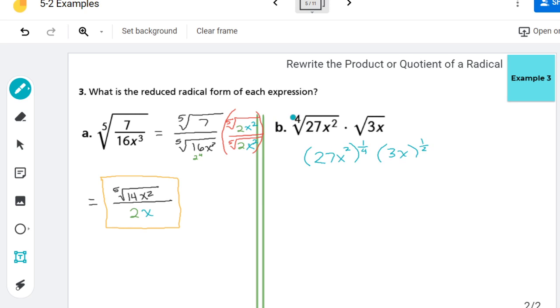That 4th root looks like a 1/4, and this square root turns into a power of 1/2. Now I can rewrite 1/2 in terms of fourths. I could call it 2/4, and that's what I'm going to do. And of course my laziness has to rewrite all this stuff.